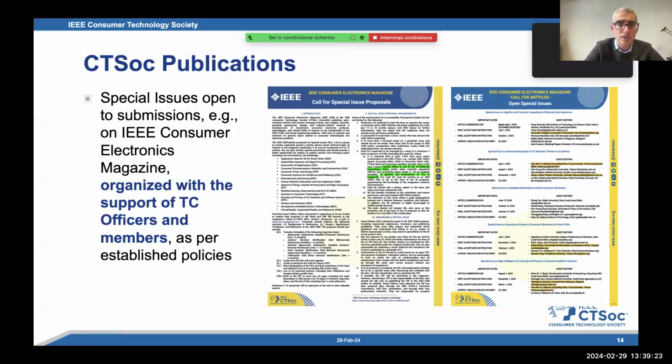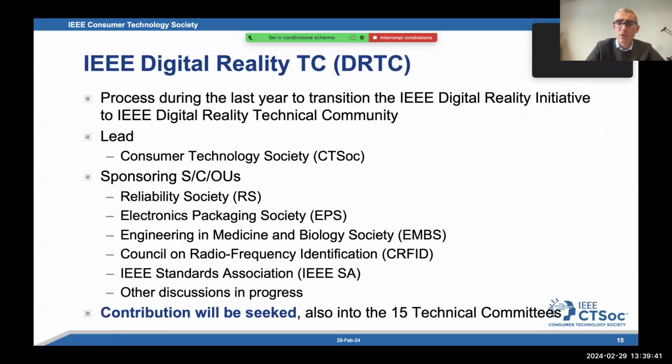Here you see the special issues that are currently open for submissions, and those highlighted in yellow are those in which there has been a contribution of the technical committee. So as you can see, being a member of the technical committees can open many opportunities. I invite you to join if you're not a member yet.